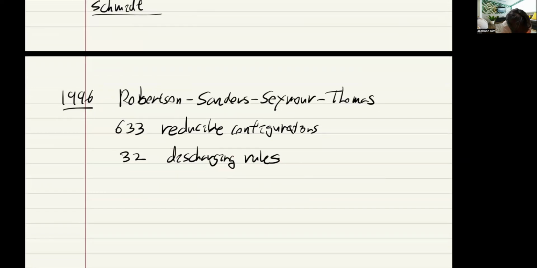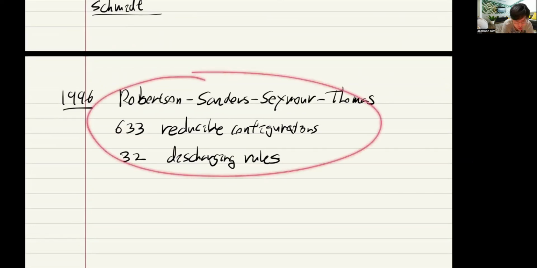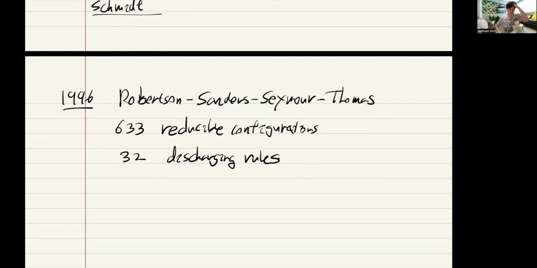And they show that the four color theorem is true. Okay. This proof still uses a computer.